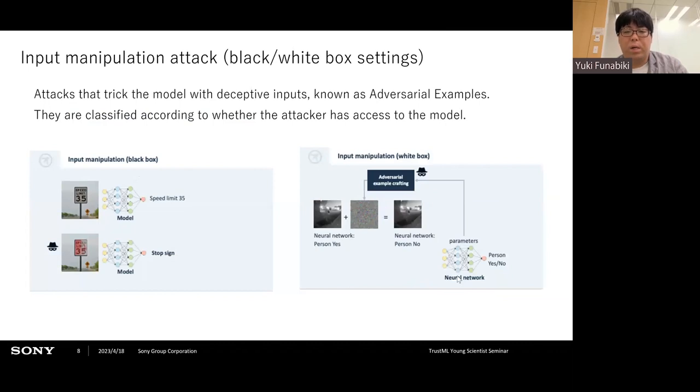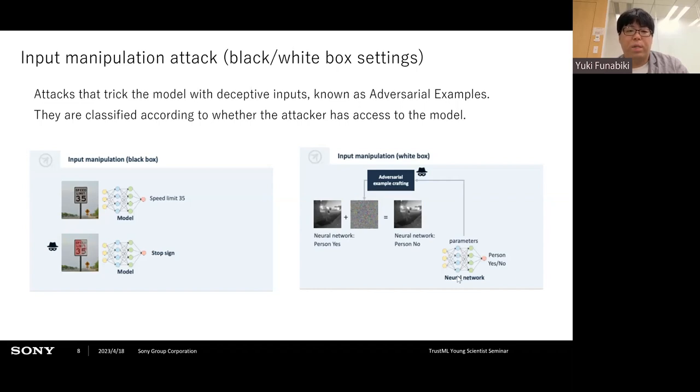There are two settings, the black box setting and the white box setting. The purpose of the attacker is to fool the model with deceptive inputs known as adversarial examples, or the evasion attack. And they are classified according to whether the attacker has access to the model or not.